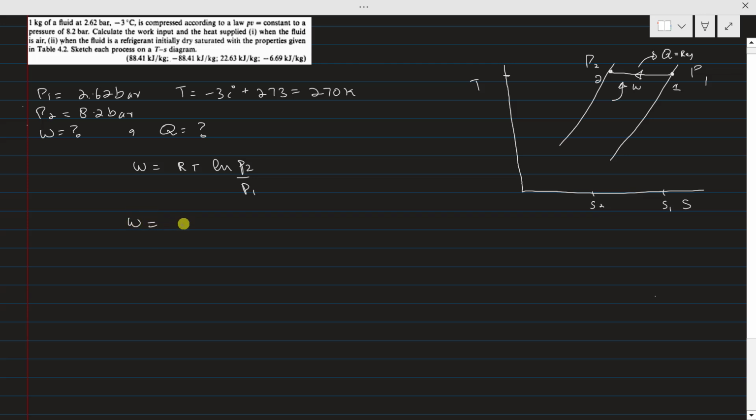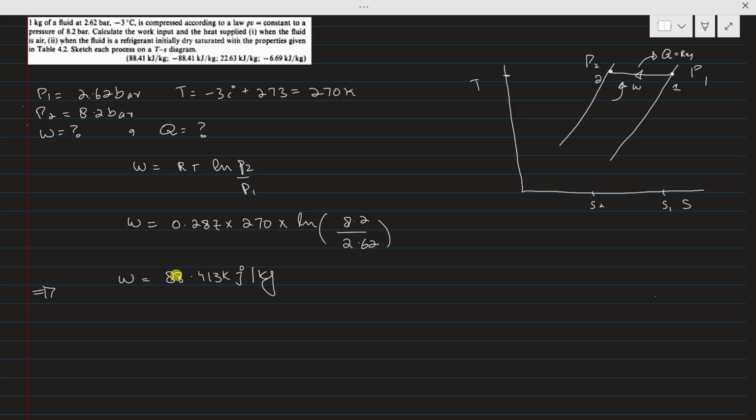R is the constant for air, 0.287, multiplied by the temperature, 270, multiplied by ln of the higher pressure 8.2 and the lower pressure 2.62. After simplification you will find its value is 88.413 kilojoule per kg. Remember, this work is done on the system.